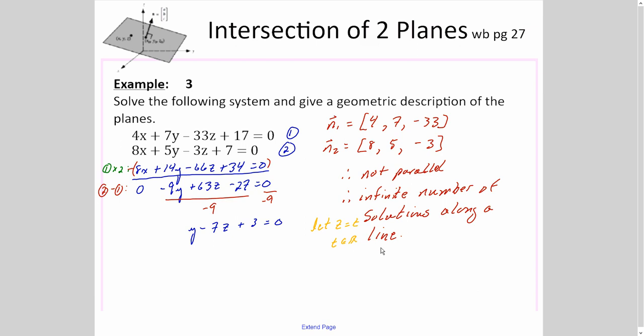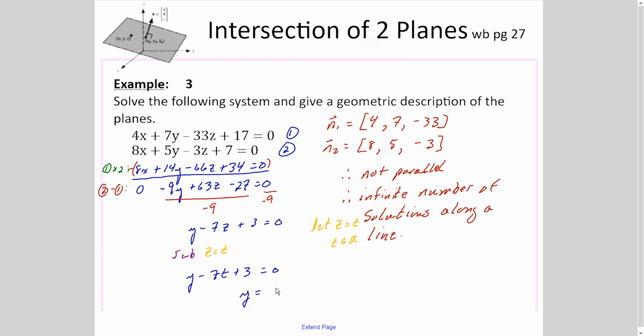And I'm just going to sub z equals t. And what I'm left with is y subtract 7t plus 3 equals 0. I'm going to rearrange this and solve for y.